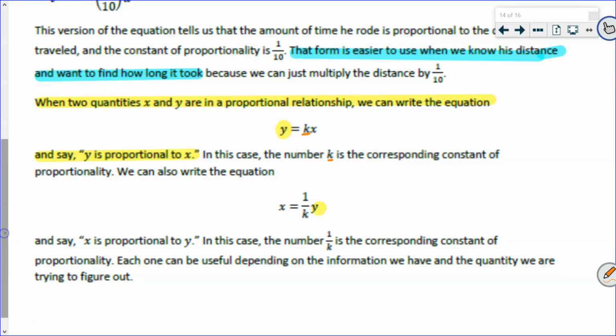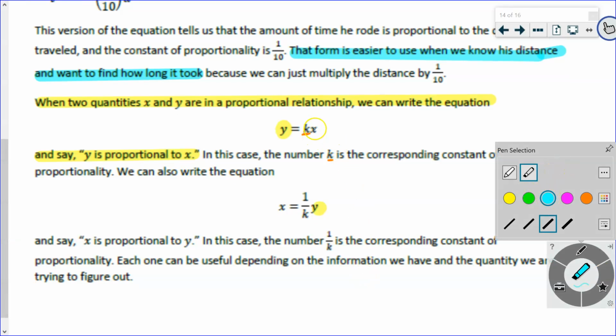But we can change things up. We can reverse things, and we can show that x, which was not alone before, is now alone. And the k is now its reciprocal, 1/k.